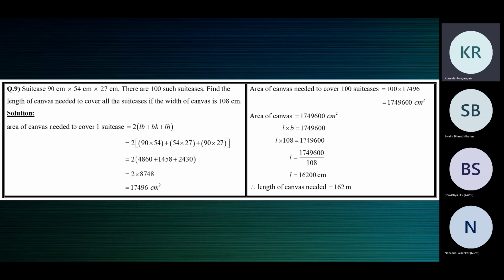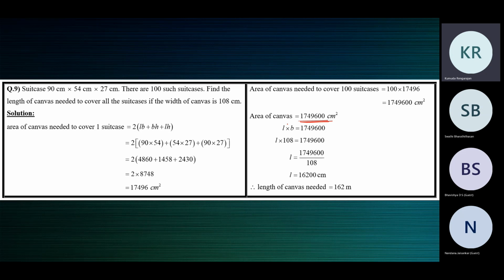So you can see the answer slide here. You just have one more step to go. The area of canvas needed is equal to 17 lakhs 49,600. Now, when you buy this canvas from the market, it is a rectangular piece.